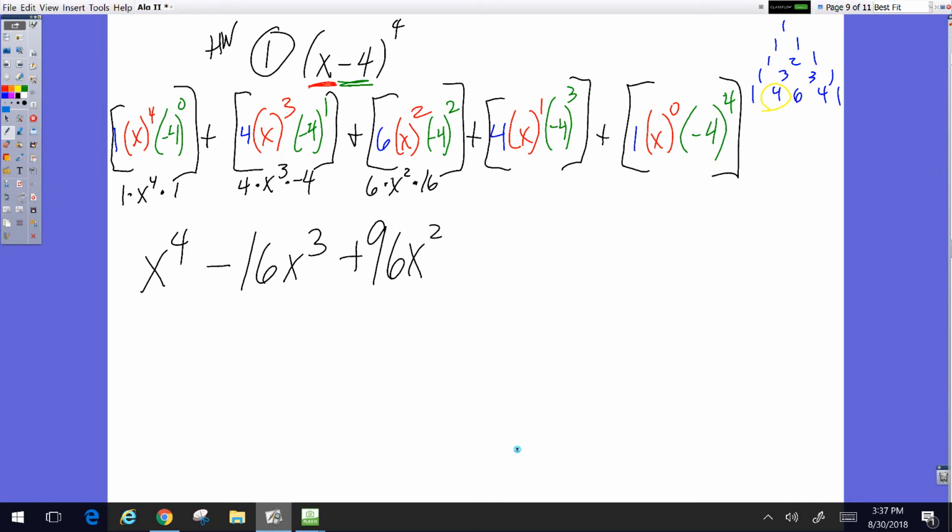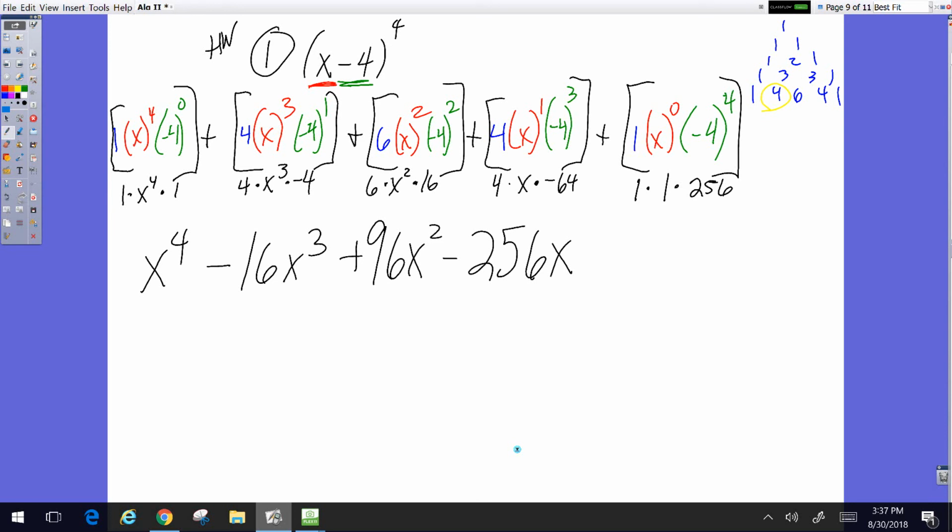The next one is 4 times x times negative 64, because 4 cubed is 64, but because it's negative, it's going to be negative 64. 4 times negative 64 is negative 256 x. And the last one is 1 times 1 times 256.